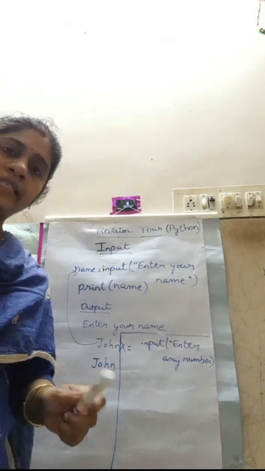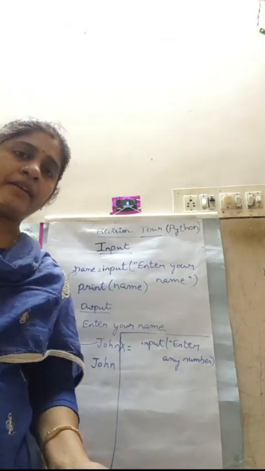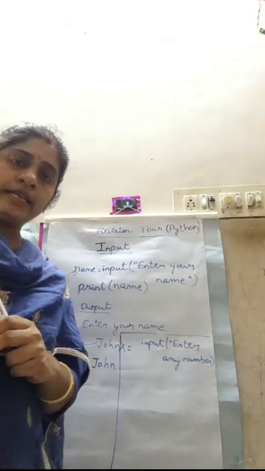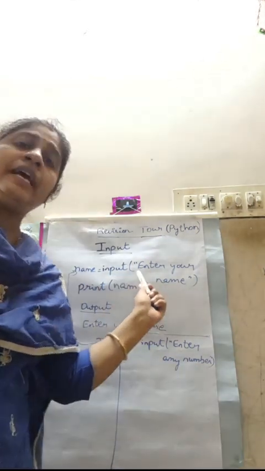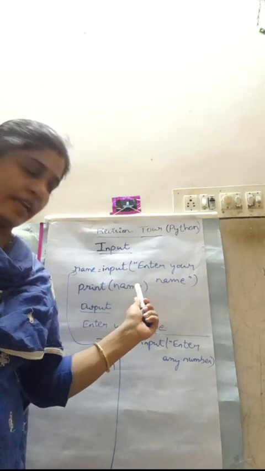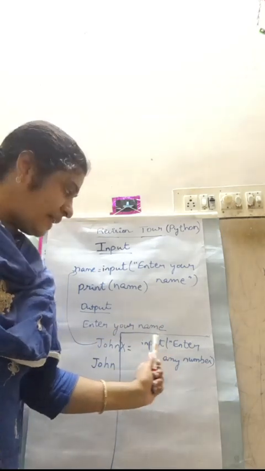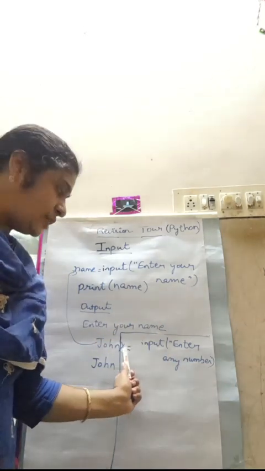Python will ask you, enter any number, but whatever number you enter, that will be a string, because the input statement will always return you a string. That string value only will get stored in X.